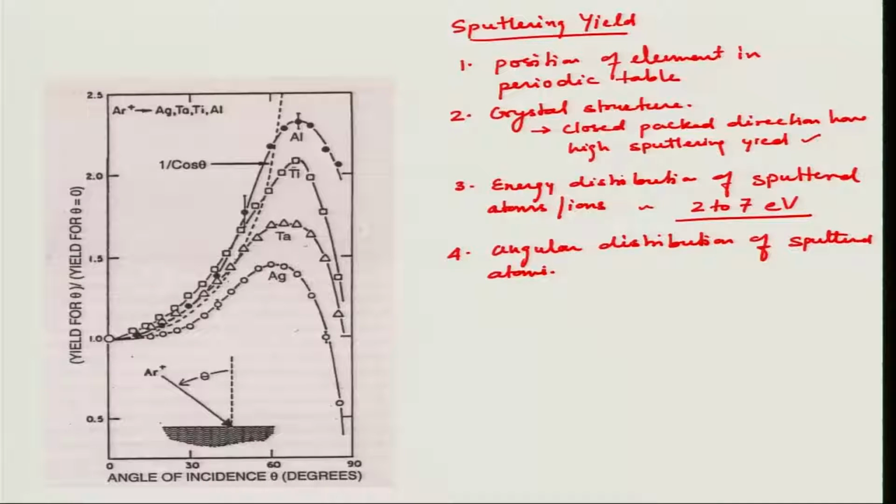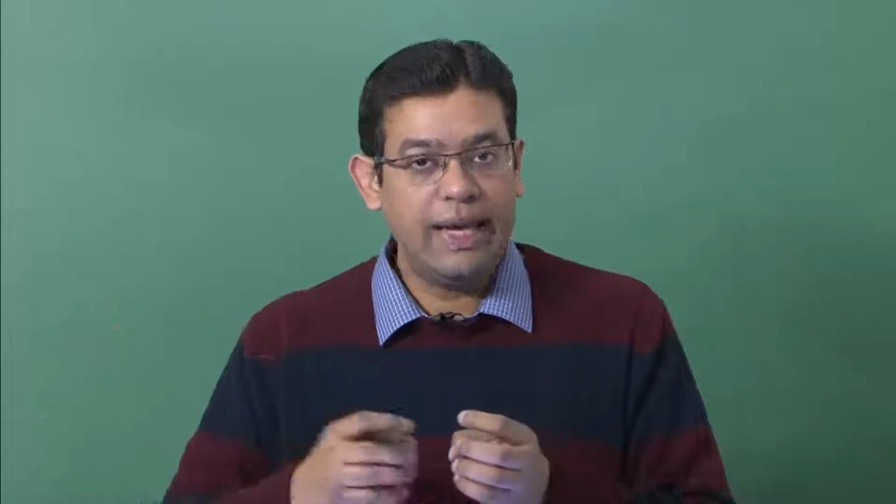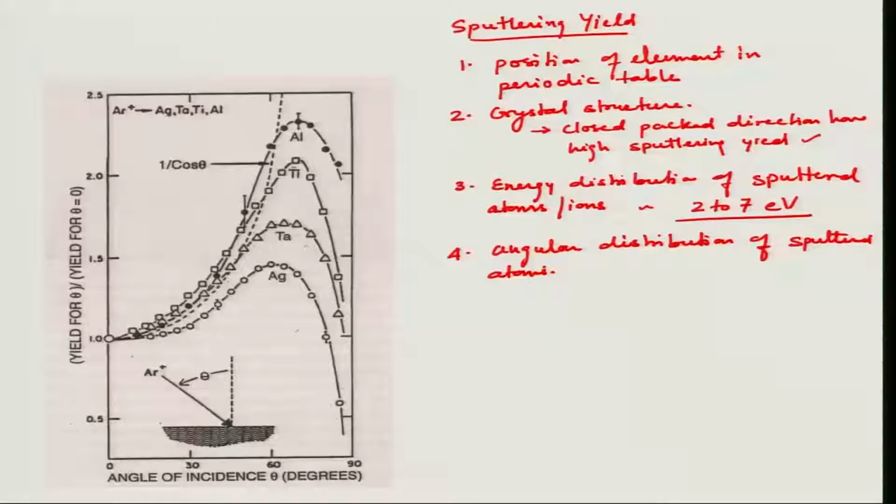Okay. So, these atoms, when they come out of the target surface, they will have a certain angle, they are not just coming out straight. So, there will be an angular distribution. For high energy ion bombardment, this distribution will be very narrow.